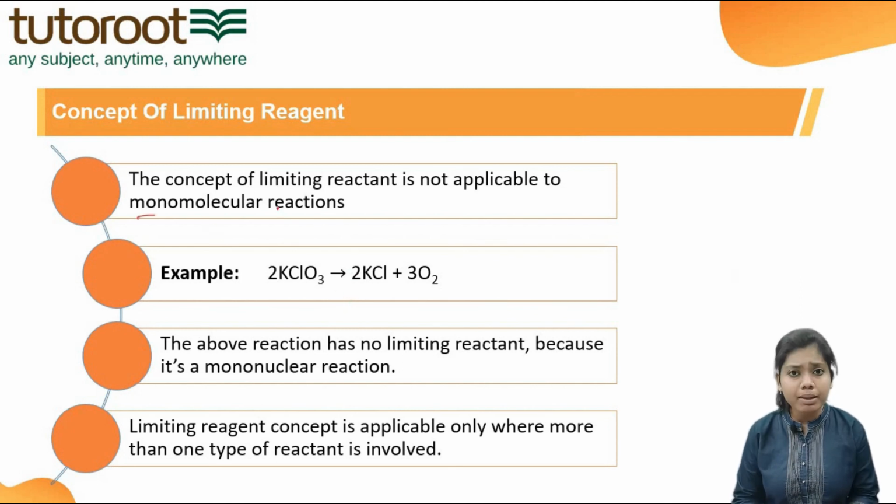It is not applicable for monomolecular reactions. If you have just one reactant, there is nothing as excess or less, and there is no comparison left to determine the limiting reagent. So in monomolecular reactions, we will not observe this concept of limiting reagent.